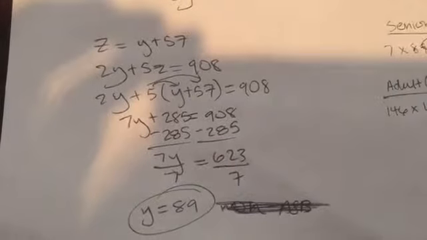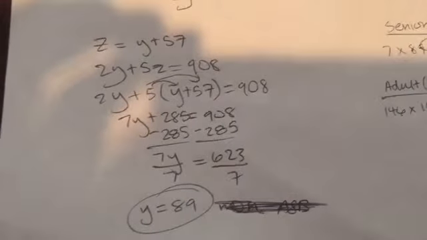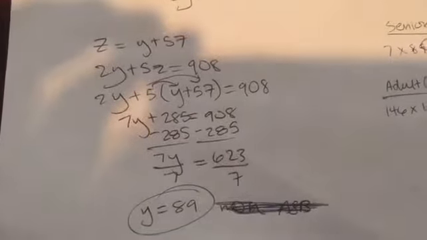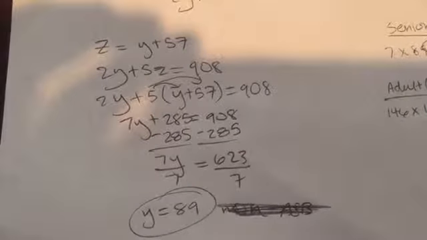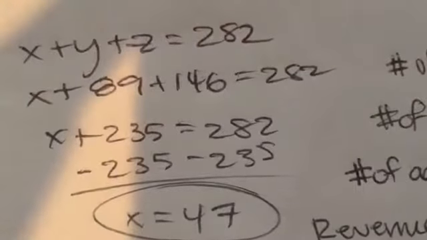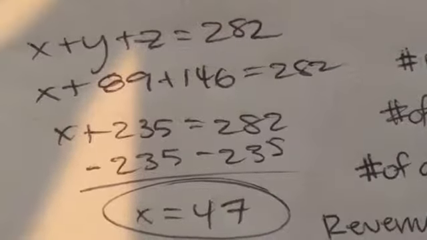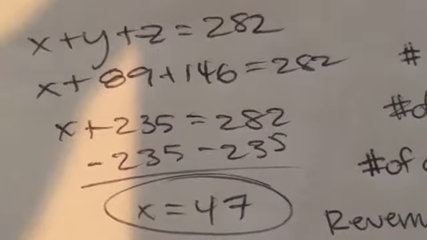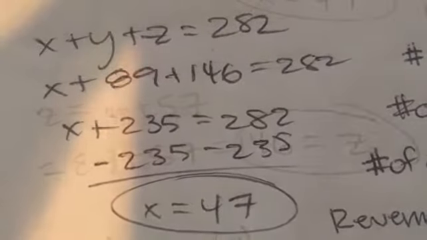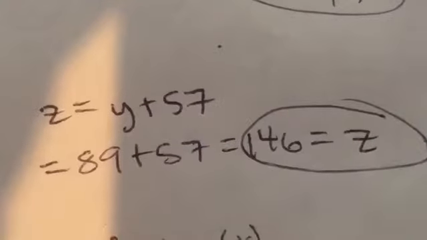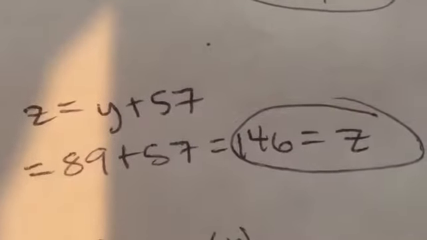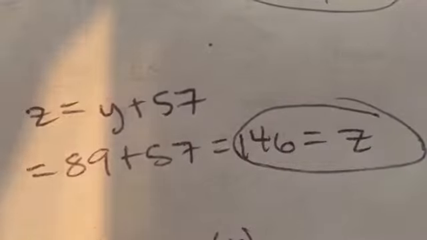John now uses elimination and substitution to find the y variable, which is also senior students. John next finds x, which is also the number of junior tickets sold. Finally, John finds the last variable, which is z, and also the number of adult tickets sold.